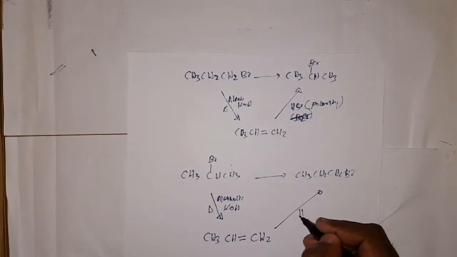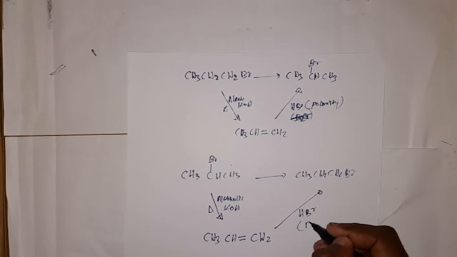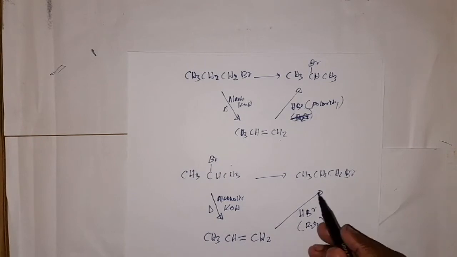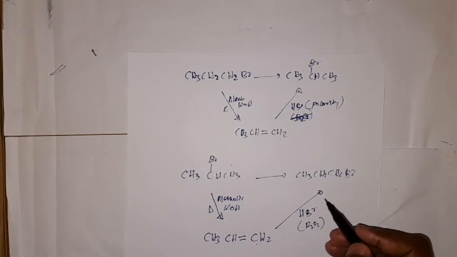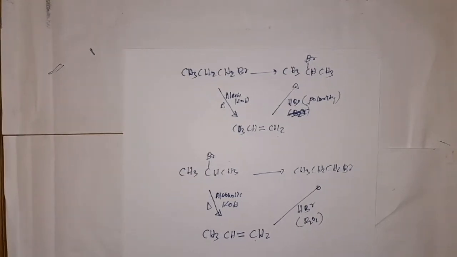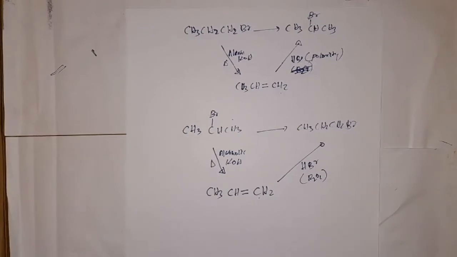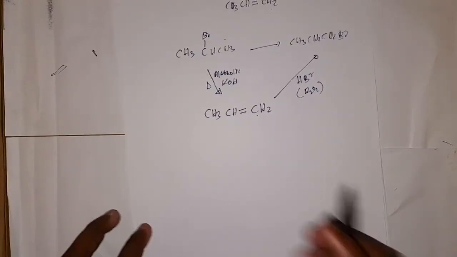Then you have to add HBr under R2O2, then hydrogen will go to this side and bromine will go here, then the final answer. So these are some simple explanations for some conversions. Okay, now let's discuss the third type of reaction of alkenes.